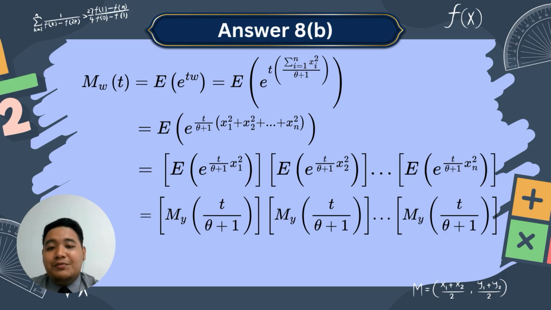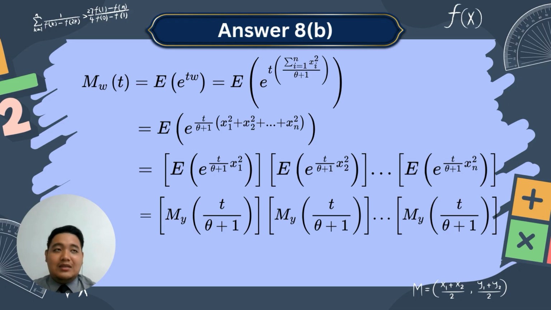Now, we break the summation one by one. So we will get the expected of exponent to the power of t over theta plus 1 times x1 squared plus x2 squared and so on until xn squared. From here, we're using the same theorem that I used before in question A, which is if we have two different terms with the same base, when we multiply both of the terms, we can just add the powers together.